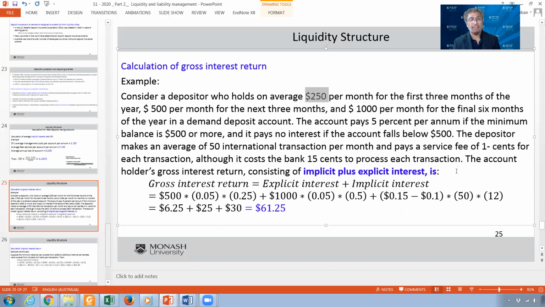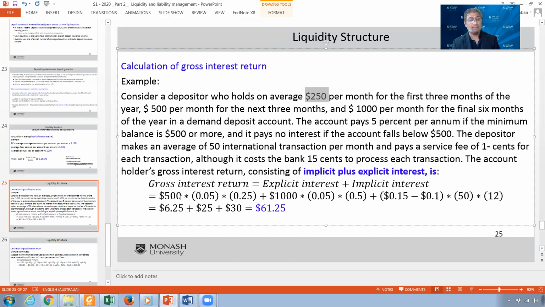To process the transaction, this account holder earns a gross interest return consisting of implicit plus explicit interest. Let's calculate it. The gross interest return is explicit interest plus implicit interest.